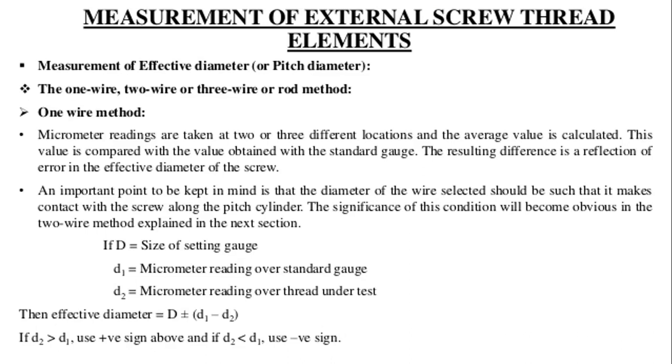Then D2 is the micrometer reading over the thread under test, here the single wire thread. Then the effective diameter is taken as capital D plus or minus D1 minus D2.